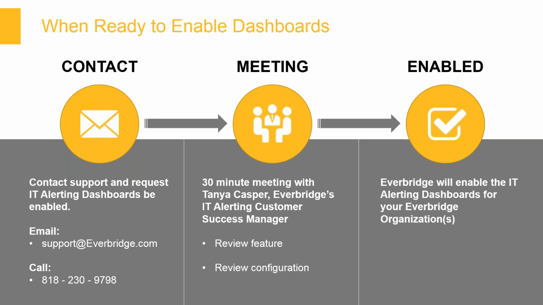Once we've completed that 30-minute conversation, we'll go ahead and enable the ITA dashboards in whichever organization or organizations you've requested, and then they will be in place and you will be able to make use of them from that point forward.